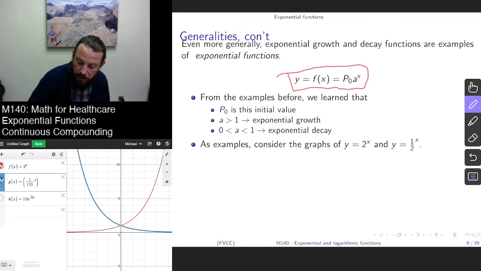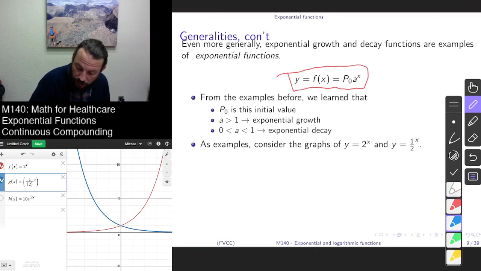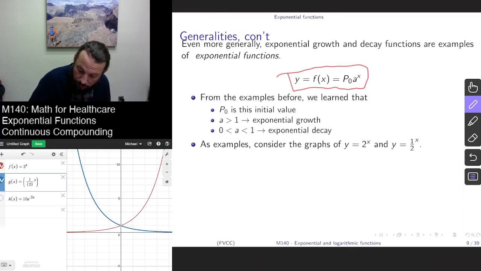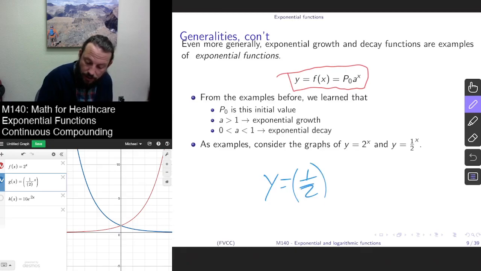One thing I want to mention here before we move on to continuous compounding is that y equal to 1/2 raised to the x is the same thing as 2 to the negative x, since 1/2 to the negative 1 equals 2.